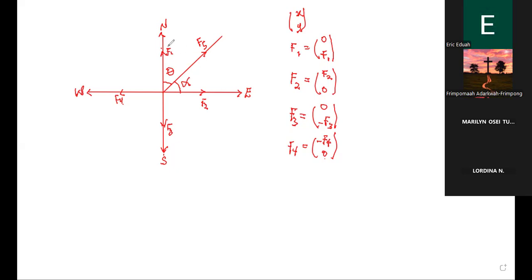How do we do that? In this case, let me clear my F1 because the issue at hand is only F5 making a certain angle with it. So I must, using the angles, whether to the north or to the south or to the east, resolve the force F5 into its various components.